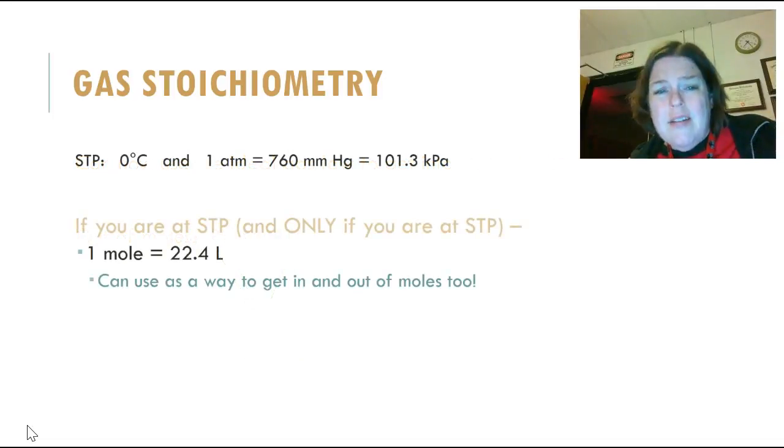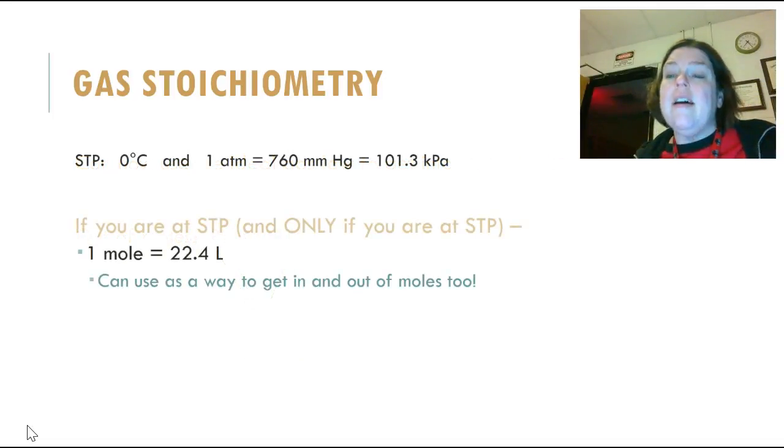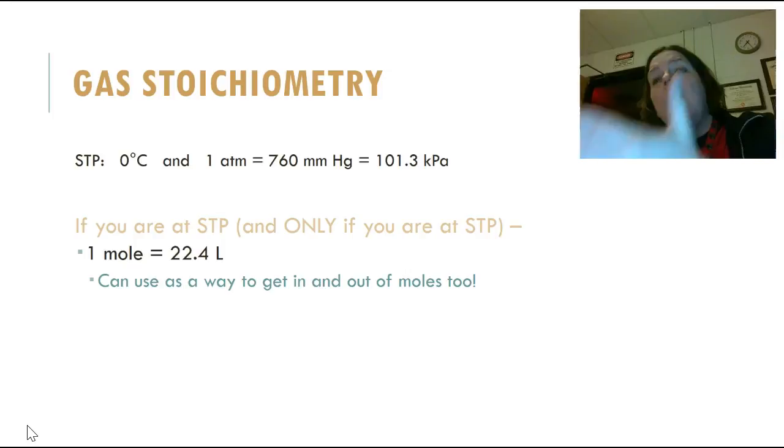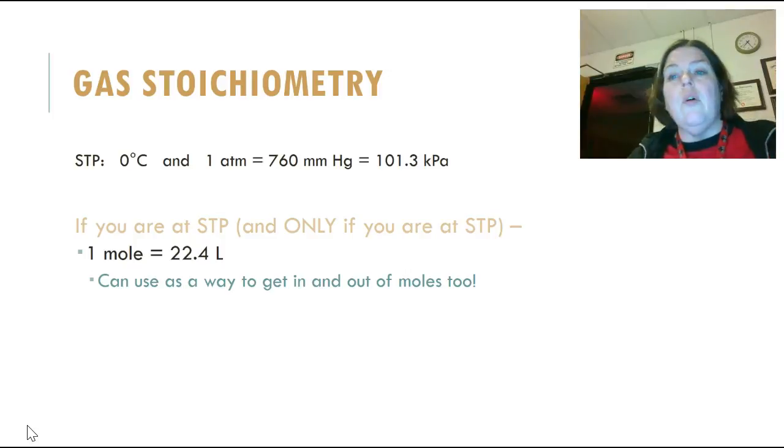The problem is that this 22.4 idea is at STP. Anytime we're not at STP, we have to get into STP to do the calculation with stoichiometry. If we're in STP but have other conditions, we've got to get out of STP and go to the new conditions. So to do stoichiometry, we have to be in STP.